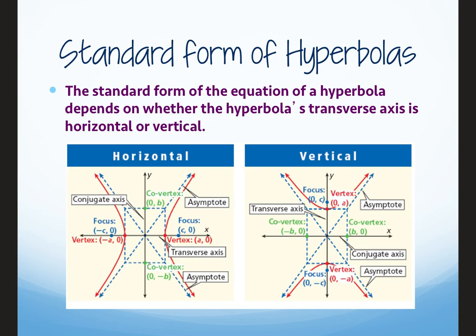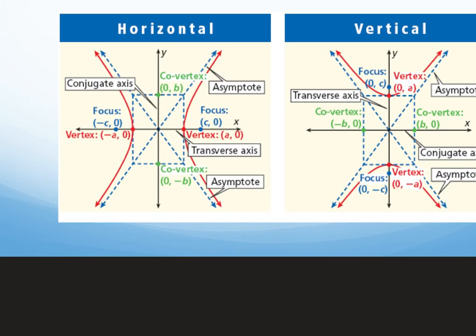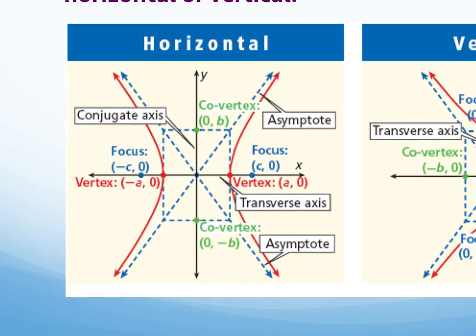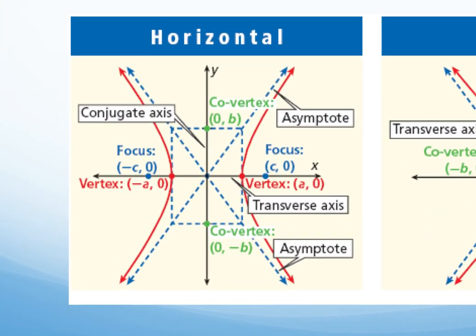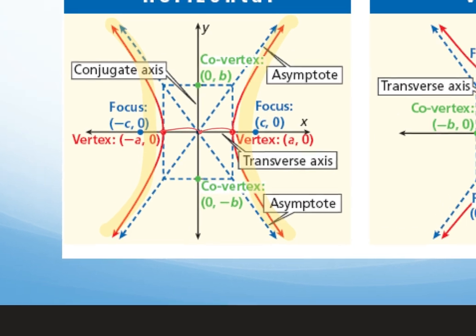All right, so on a graph, there are 2 ways your hyperbola can face. Horizontal, which means the branches point to the right and the left, and vertical, meaning they point up or down. I'll zoom in on the horizontal one so we can talk about just that one first. So you've got your branches. You've got A, which represents the distance from the center to the branch, or to the vertex.